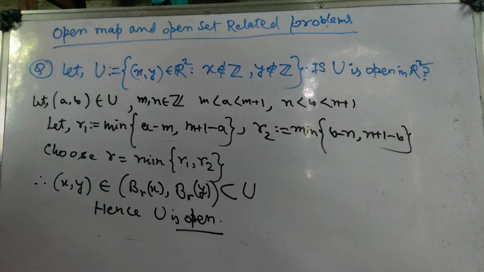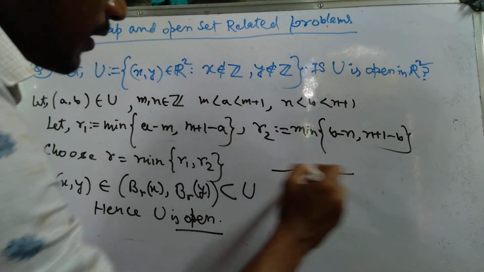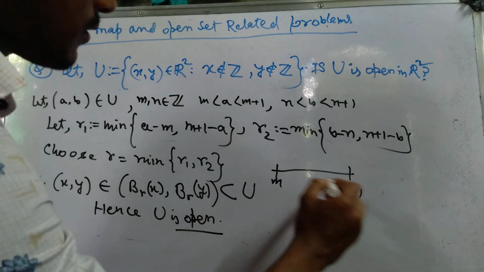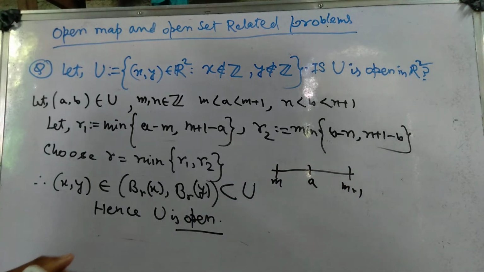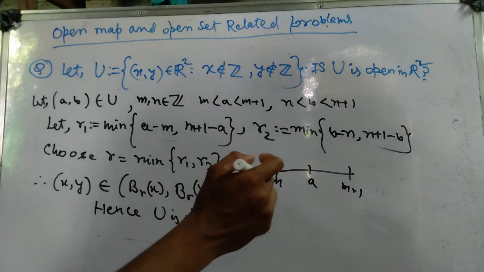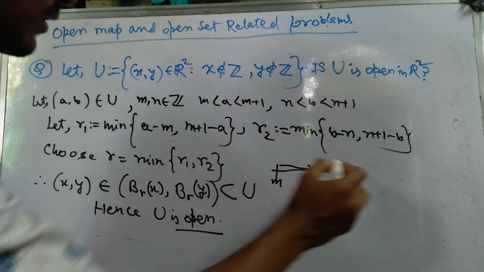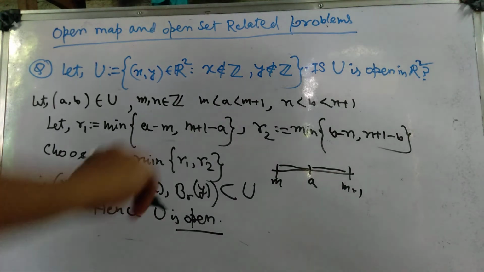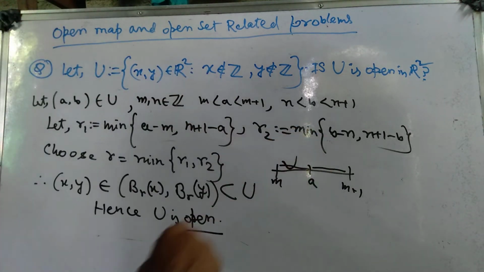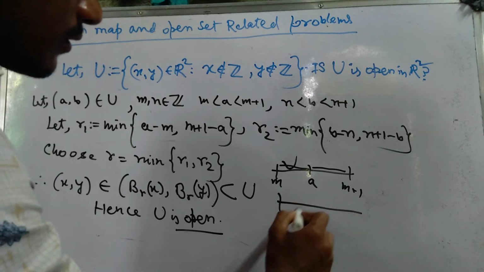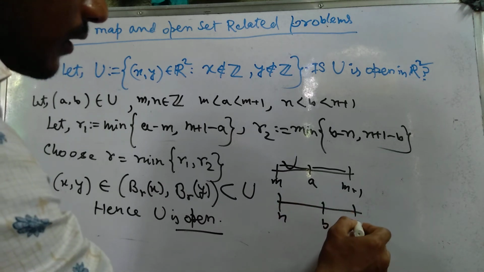Because we draw here m, here m plus 1, here a. Then r1 is obviously less than the minimum part, and similarly for r2 with n, b and n plus 1.